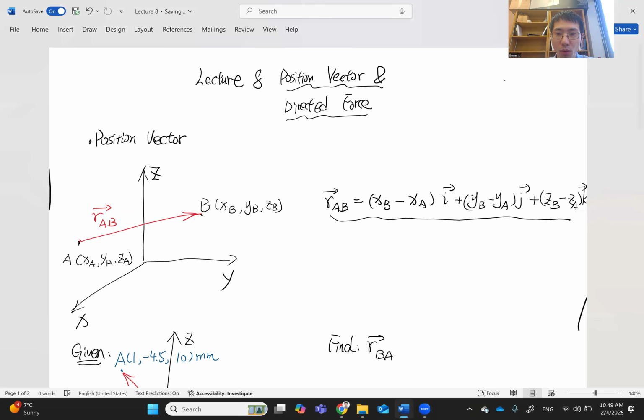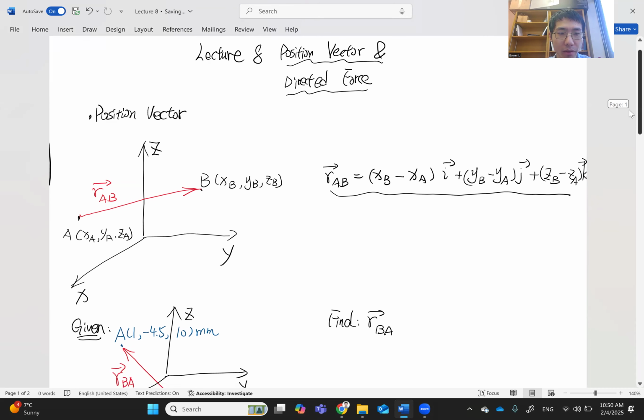So first we introduced that, given a point A and B, we define the position vector as a vector pointing from one point to another.